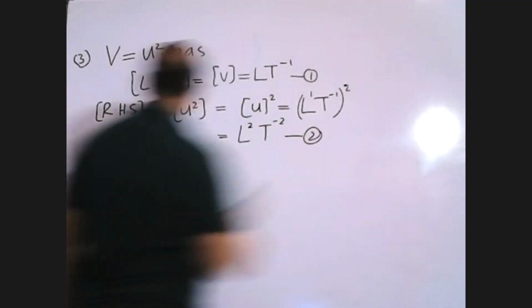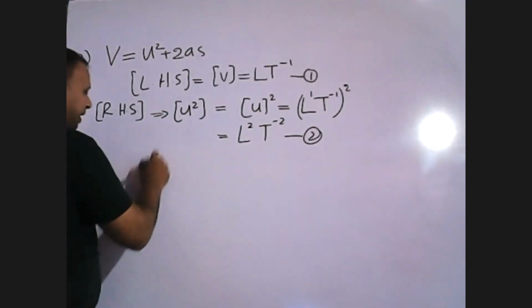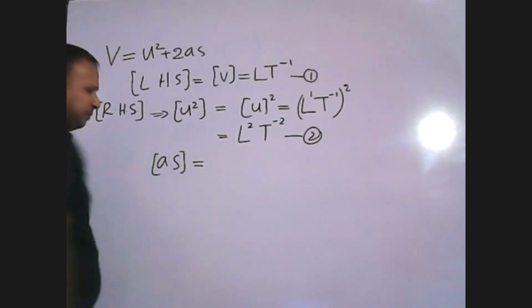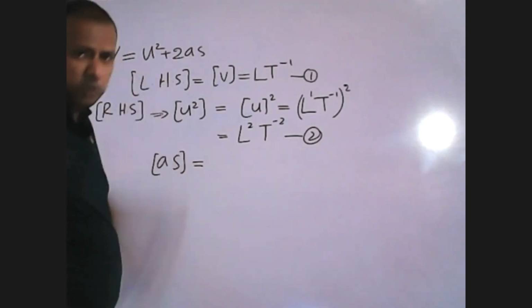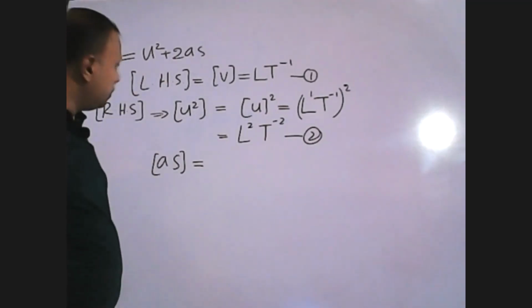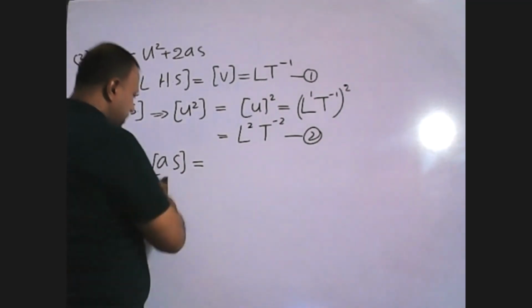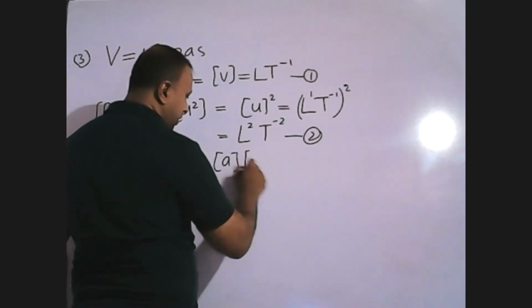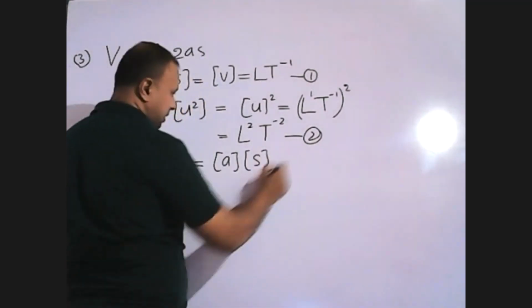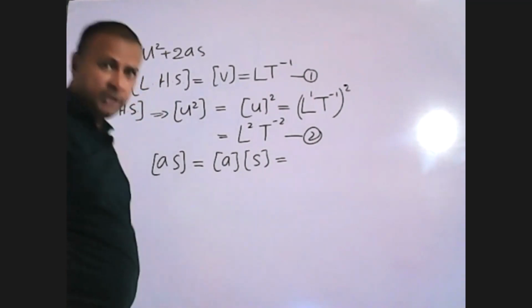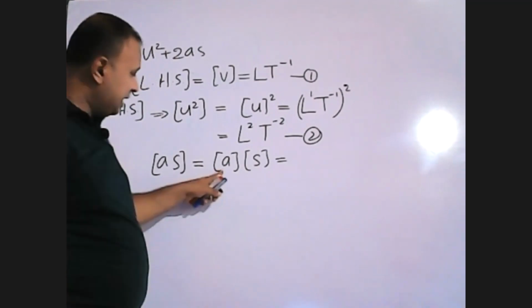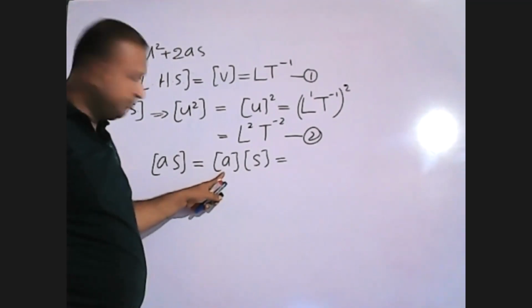This is the second one. Then you have to take the dimension of A into S. You don't want to consider 2 because 2 is a number. So the dimension of A into S is equal to the dimension of A into the dimension of S. A is acceleration, S is displacement.